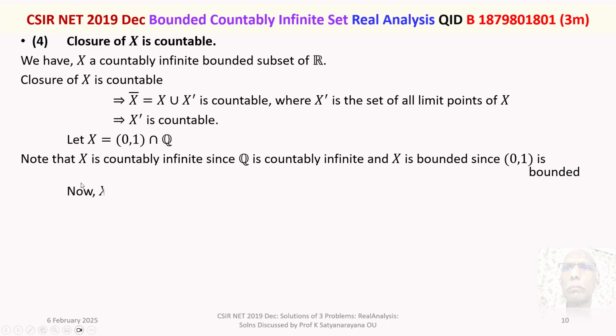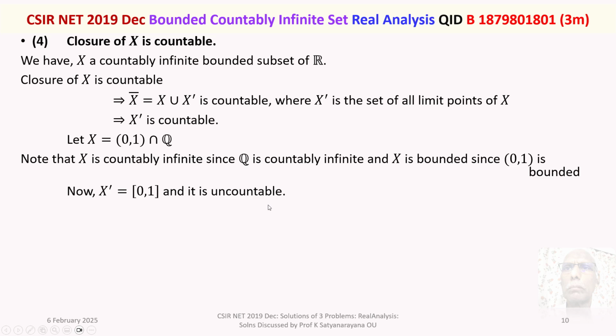Agreed. Now X prime. If you take X prime, the set of all limit points of that one, all real numbers that lie between 0 and 1, including 0 and 1. That means the closed interval 0 to 1, and it is uncountable.